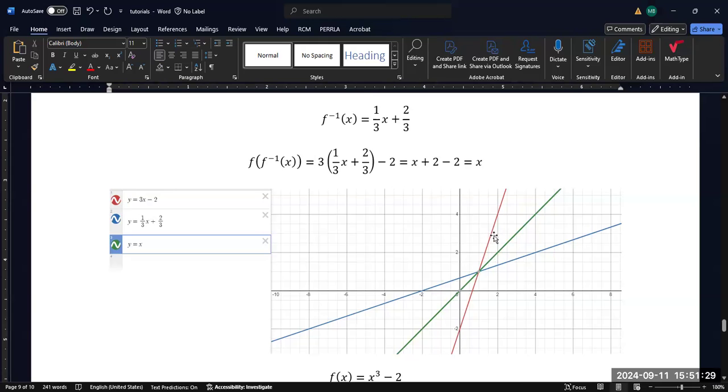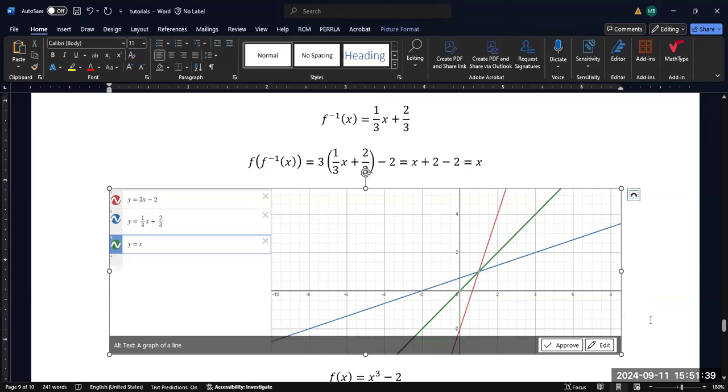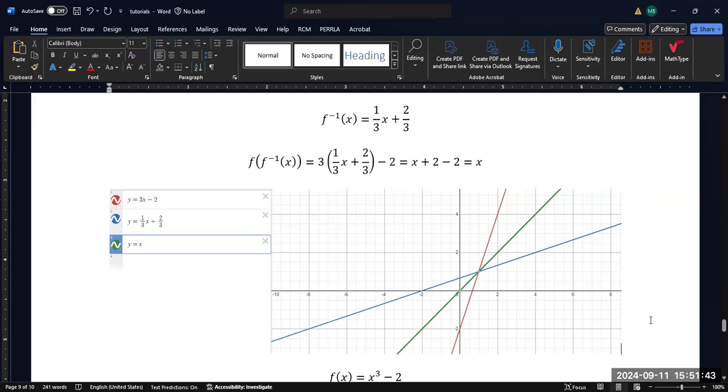And you can see that as these two lines separate from each other, they are separating at a constant rate relative to each other. The point of intersection is directly on the line y equals x because that is a point on both graphs. And this is the kind of thing that you would expect when you're finding axes of symmetry. Again, if you imagine folding your graph across that green line, the two sides of the graph should line up.